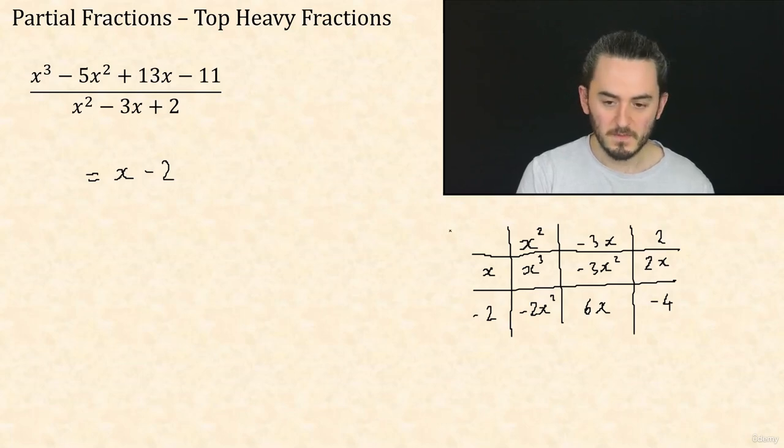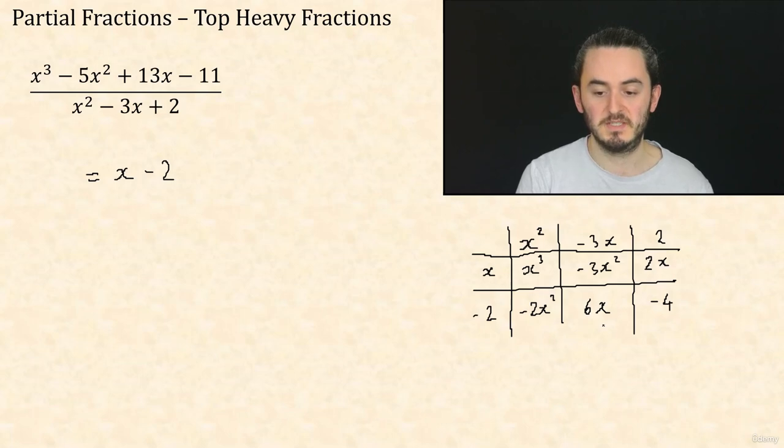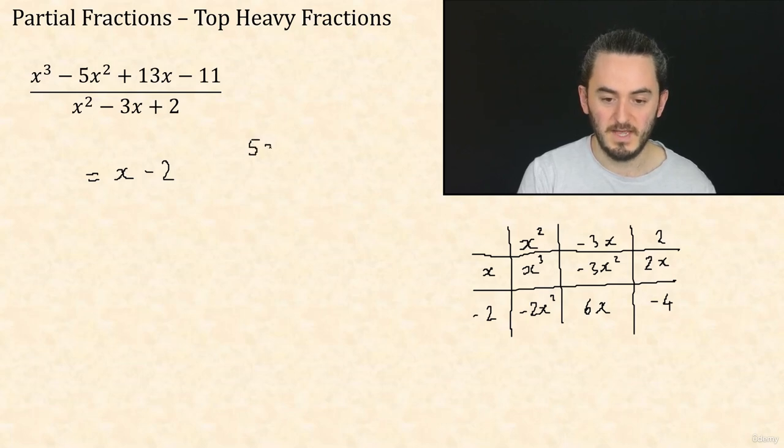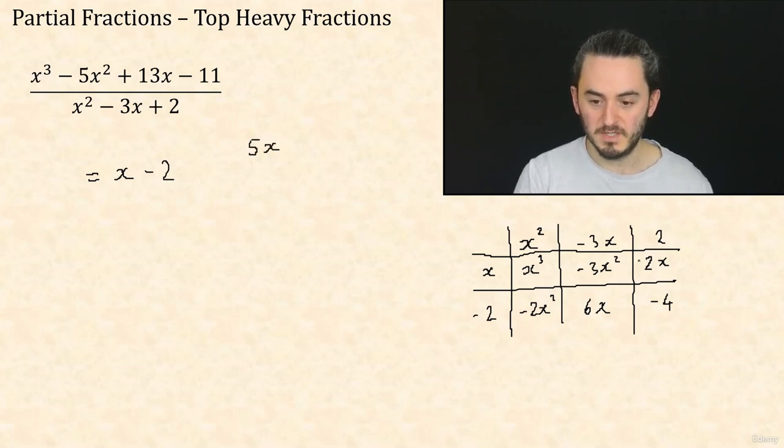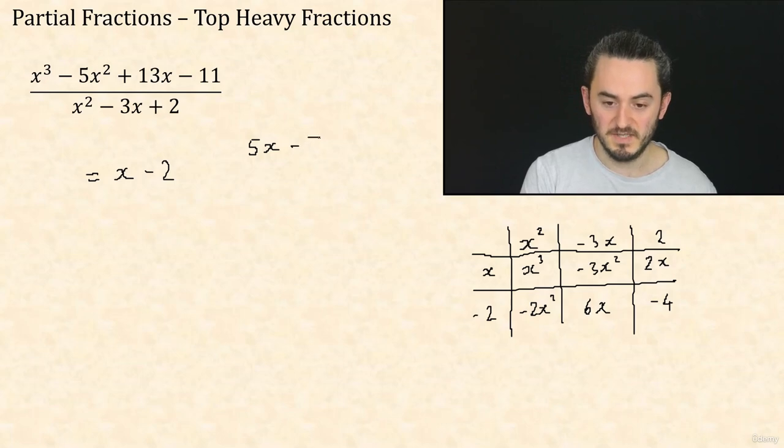So there's still another 5x that I need in order to get up to the required number of x's, which means I've got a remainder of 5x. And I've got a minus 4 here when I needed a minus 11 here, which means there's another minus 7 needed there. So this is the remainder, and this sits over x squared minus 3x plus 2.